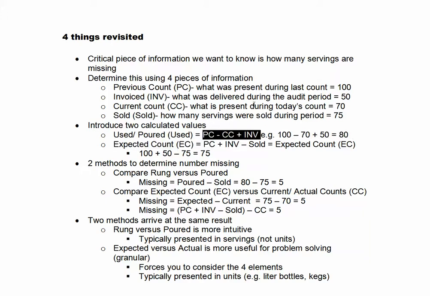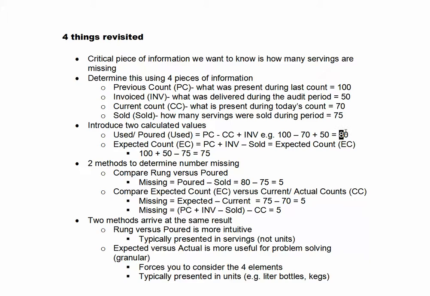If we started with a previous count of 100 and our current count today is 70, you start with 100, finish with 70, and you've used 30. But we had 50 delivered, so we need to add those in. 100 minus 70 would be 30, plus 50 is 80. So that's what we get.